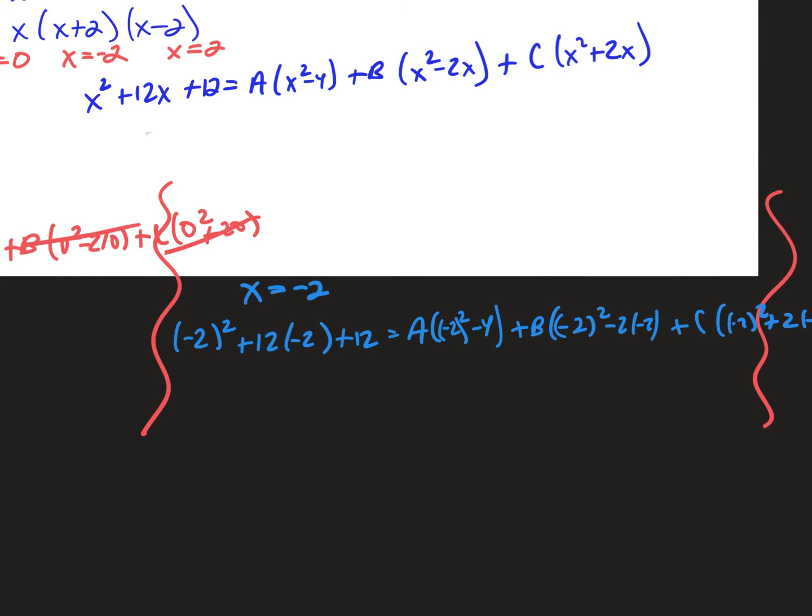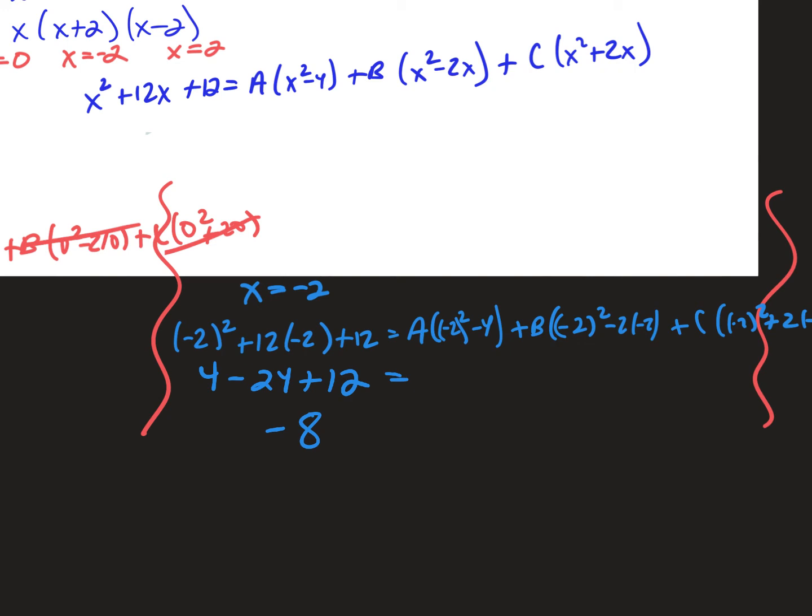So on the left-hand side, negative 2 squared is 4, 12 times negative 2 is minus 24, plus 12. So 4 minus 24 is negative 20, plus 12 is negative 8.